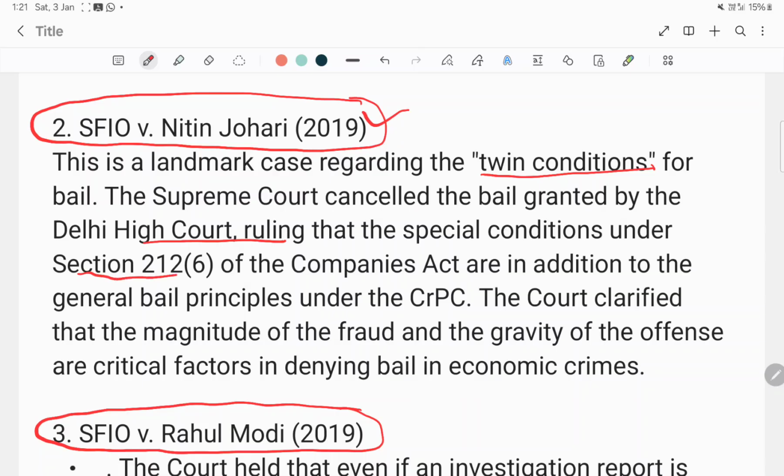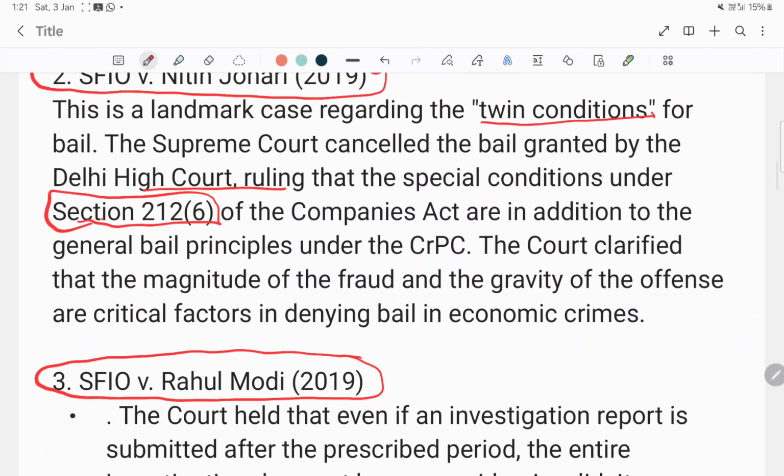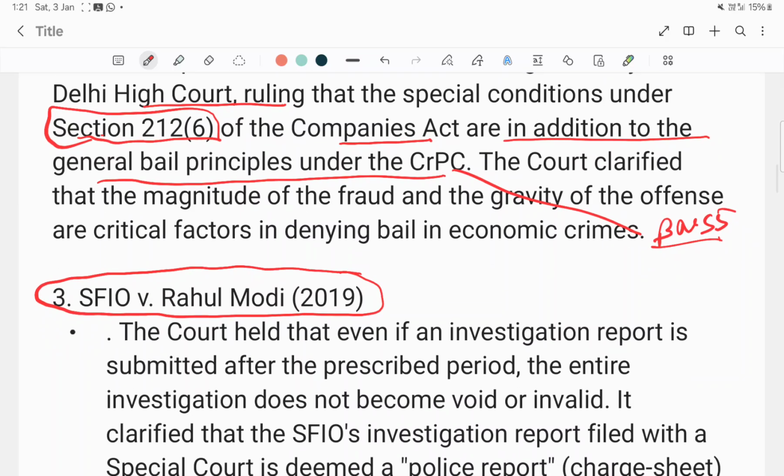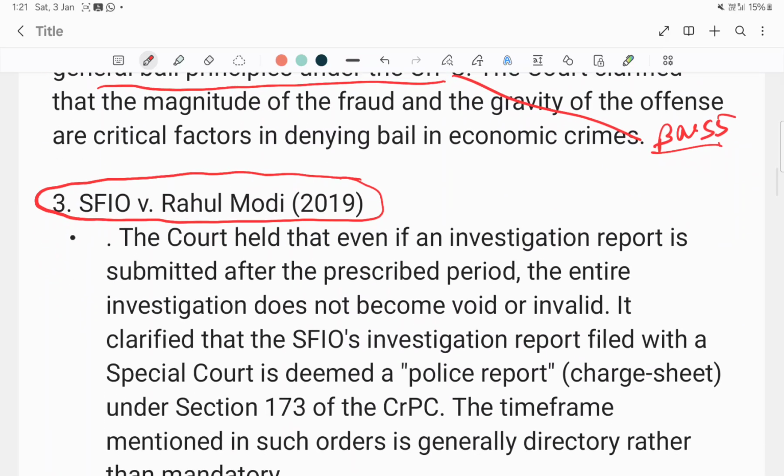It also interpreted Section 212(6) of the Companies Act. It says that the Companies Act has to be read in addition to the general bail principles under CrPC, which is now BNSS. The court clarified that the magnitude of the fraud and gravity of the offense are critical factors in denying bail in economic crimes.